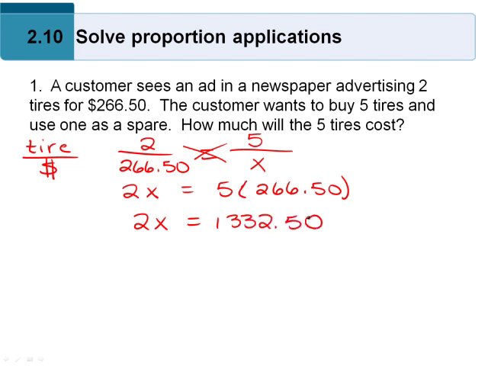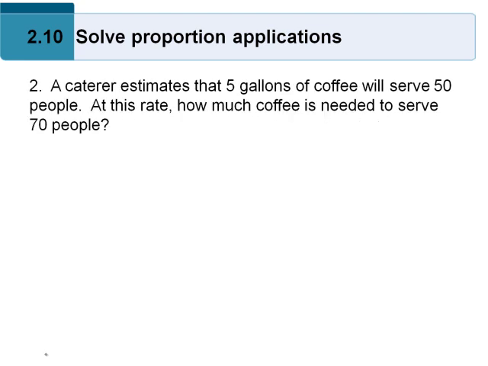Now we divide by 2 to get rid of that coefficient. So X equals $666.25. And that would be it. So that's how much the 5 tires will cost. All right. Let's see what's next.